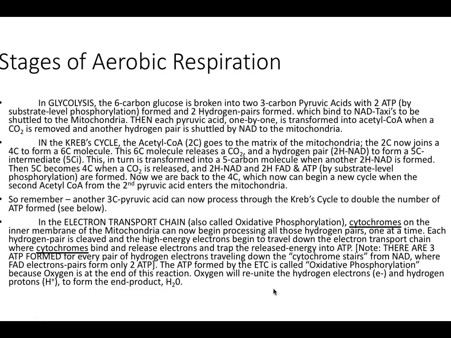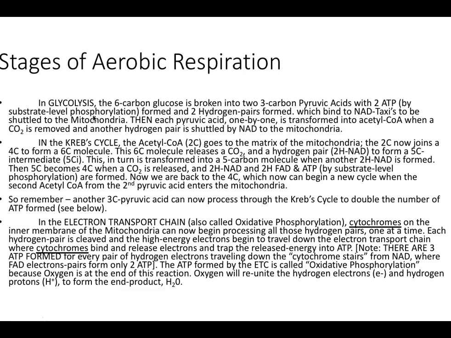So glycolysis: the 6-carbon glucose is broken down into 3-carbon pyruvic acids or pyruvate. And in doing that, it makes 2 ATP. We call that substrate level phosphorylation. Why? Because you took a molecule, a substrate like glucose, you broke it in half, and that released energy when you broke that bond.